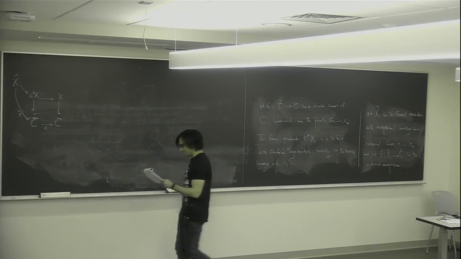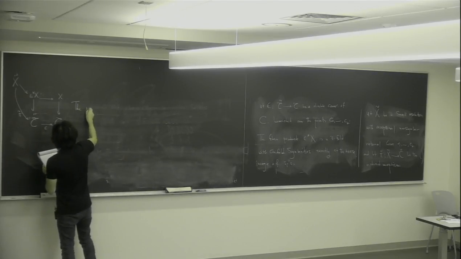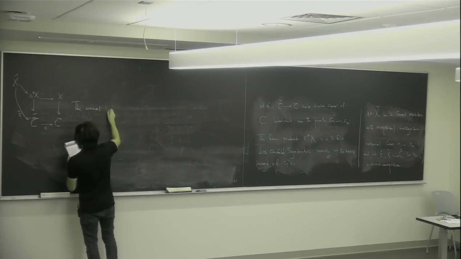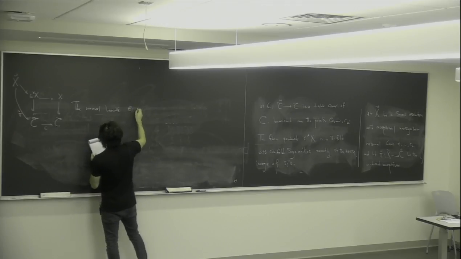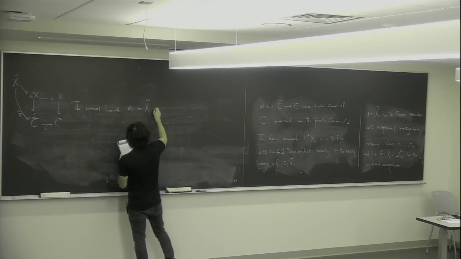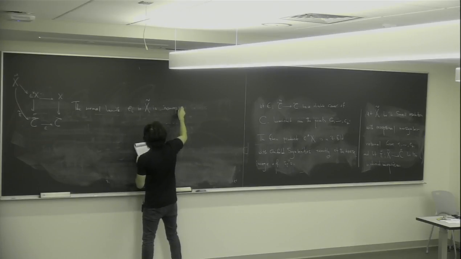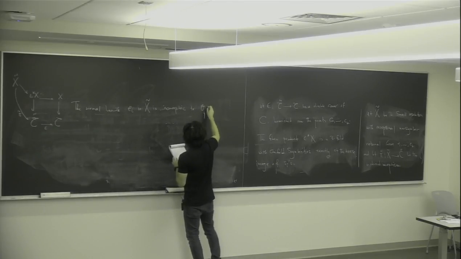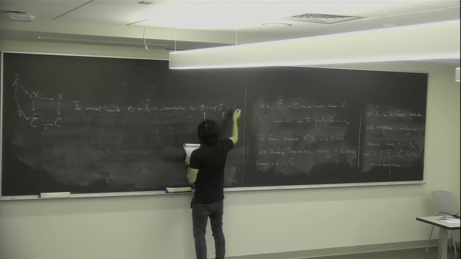I don't remember. So the normal bundle of elements in the exceptional locus, the E_i's, in X tilde, is isomorphic to something like that. So these are -1 curves, so these are rational curves.